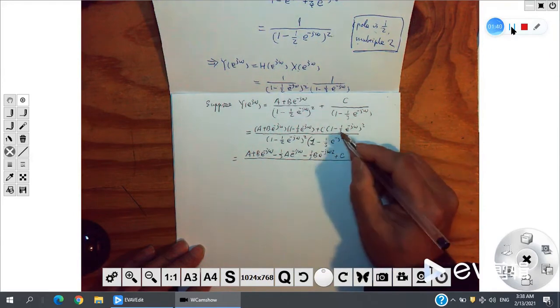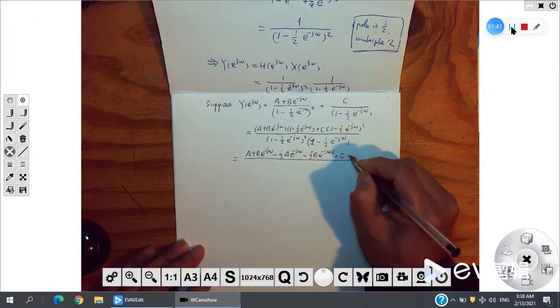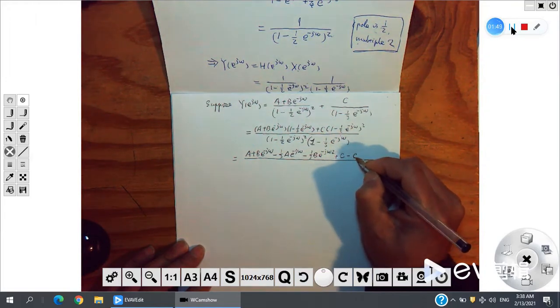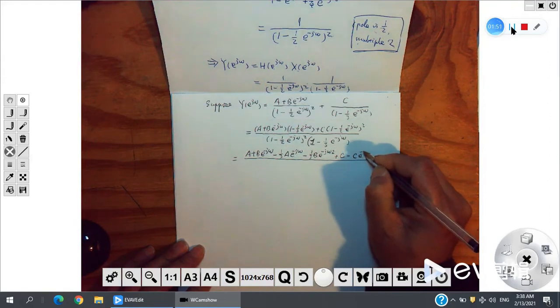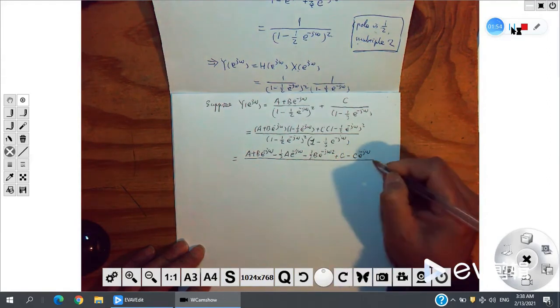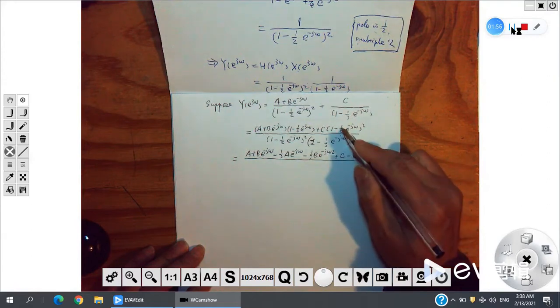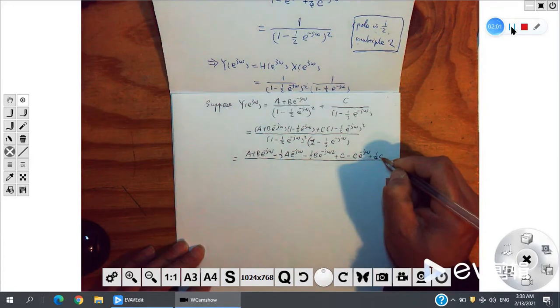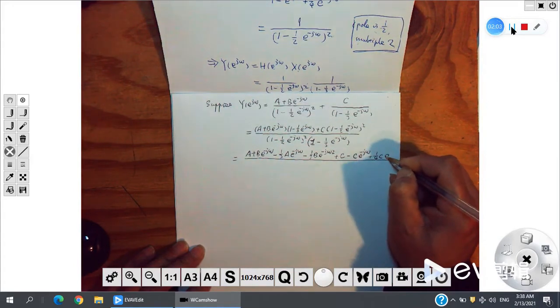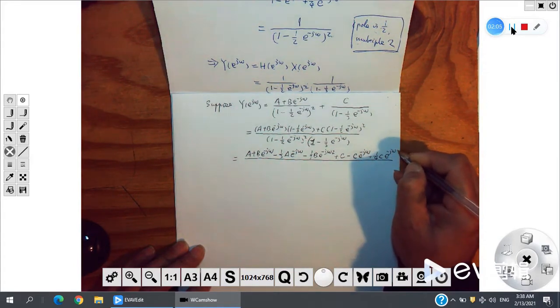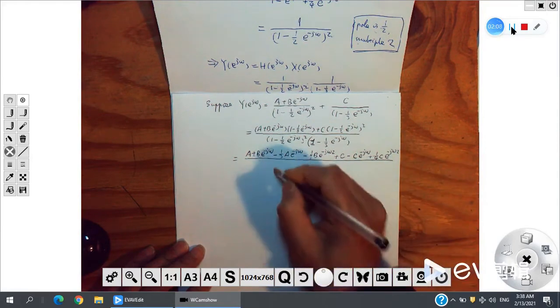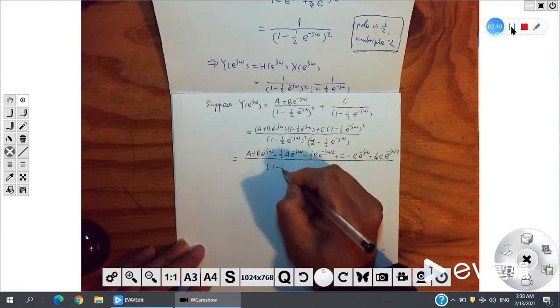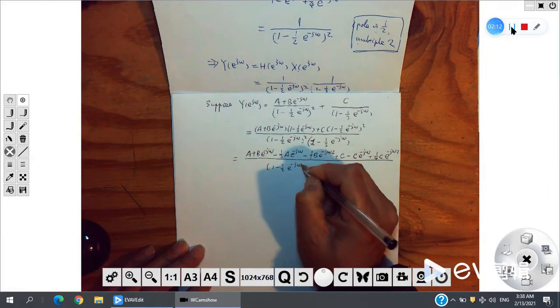The second term is 2 times 1 times this, so negative 1, here just c, e to the negative j omega. The last term is the square term, that will be 1/4 times c, with e to the negative j omega squared. Alright, the denominator is the same, just copy it.